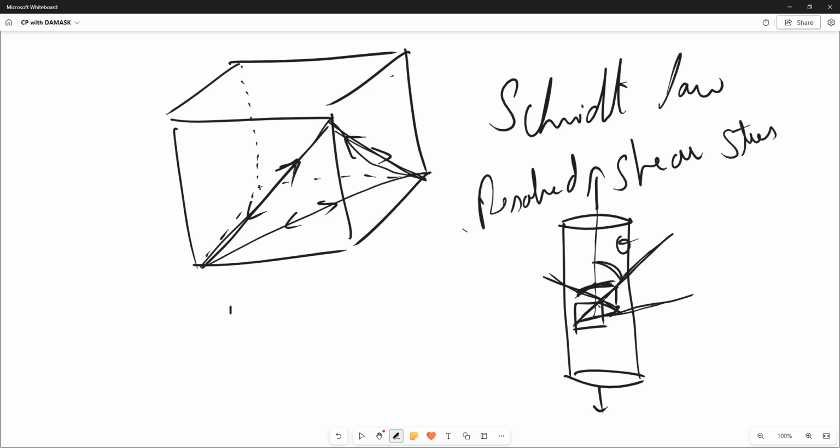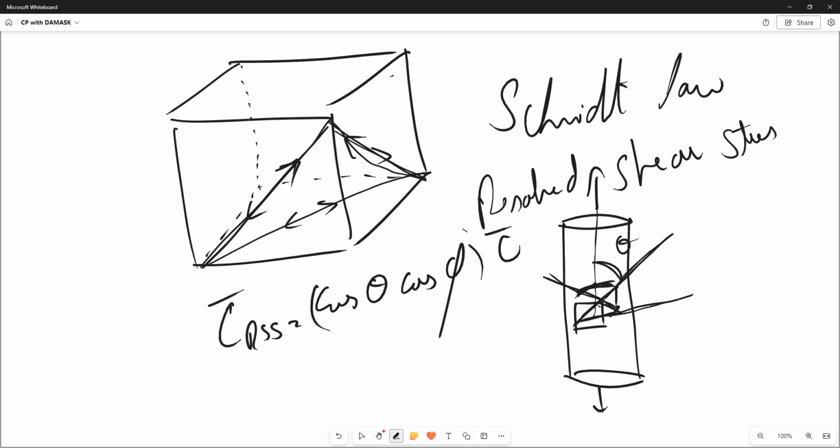And resolved shear stress is cos theta, cos phi times, I think, the total stress that we apply. So it is the stress that we totally apply. And from here we get this resolved shear stress, right?